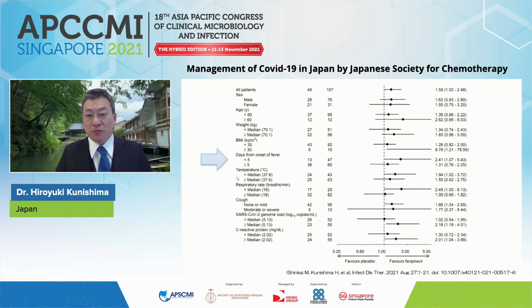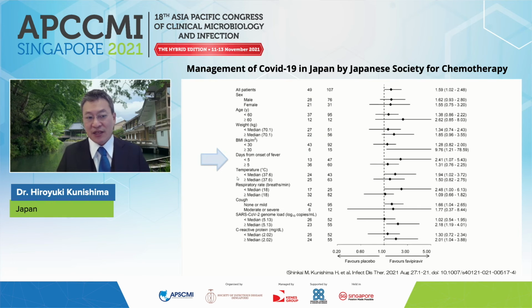Furthermore, significant improvement in symptoms was observed when administered within 5 days of onset. It is important to start antiviral medication early in the course of the disease. Significant improvement was also seen in patients with BMI over 30 and high CRP levels.